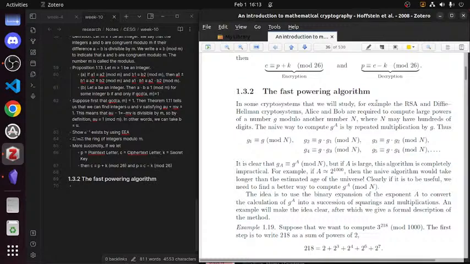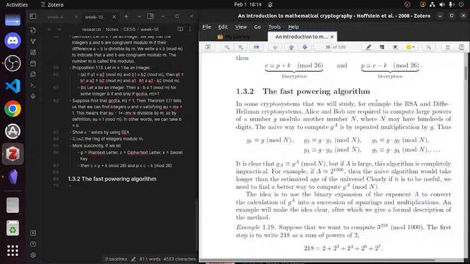The naive way to compute G to the A is by repeated multiplication by G. If you're doing G to the A, you just keep multiplying G, A times.